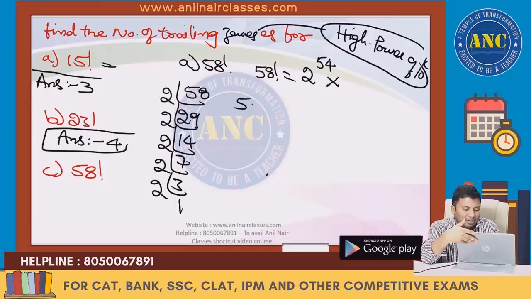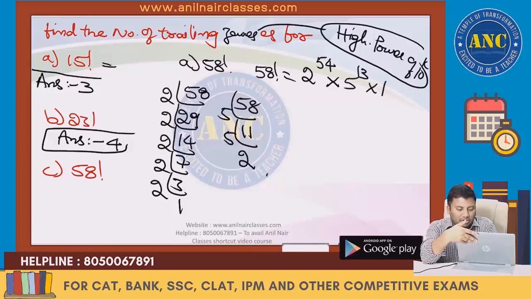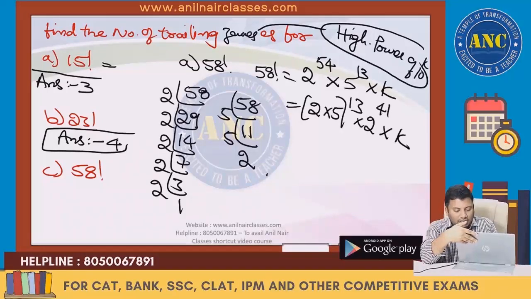Into 5: 5 11s are, 5 2s are, so 2 plus 11 plus 2, 13, 5 power 13 into k. So this is nothing but 2 into 5 power 13 into 2 power 41 into k. Number of zeros at the end for the third question is 13.